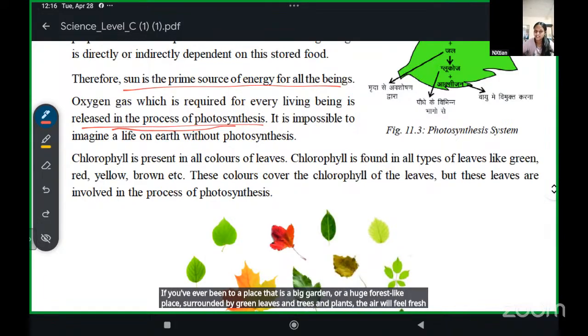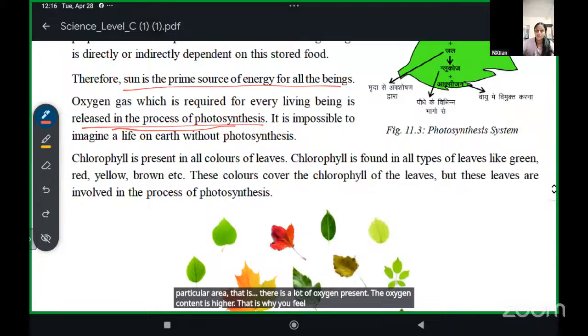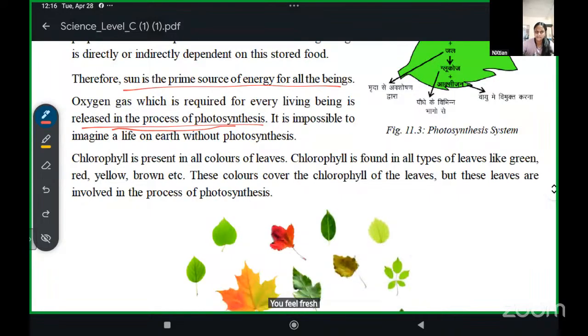Why? Because they keep releasing oxygen. So in that particular area the oxygen content is higher. That is why you feel fresh air in that area.